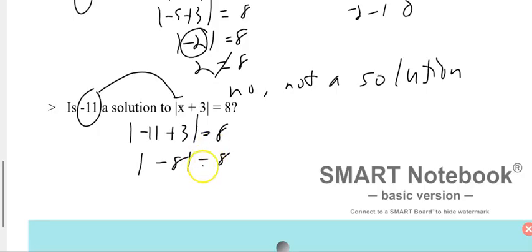We don't know yet. We cannot answer this question until the absolute value bars are gone. So we have to ask ourselves, how far away from 0 is negative 8, and that's 8 spaces. Again, I could draw it on a number line and see that. 8 is equal to 8, therefore negative 11 is a solution.